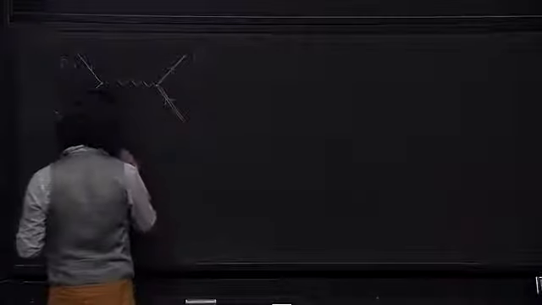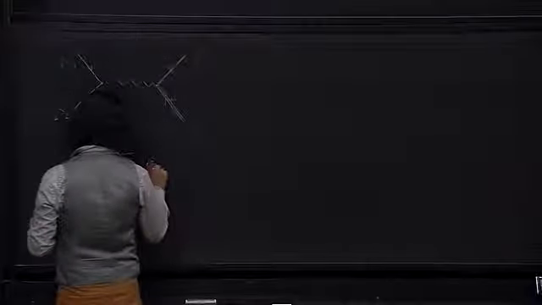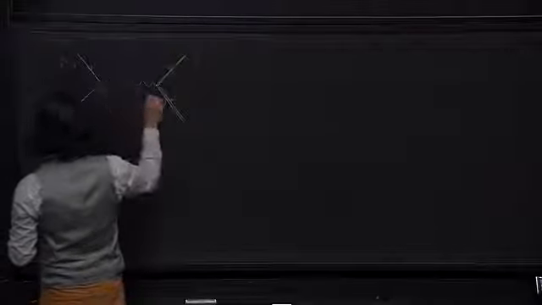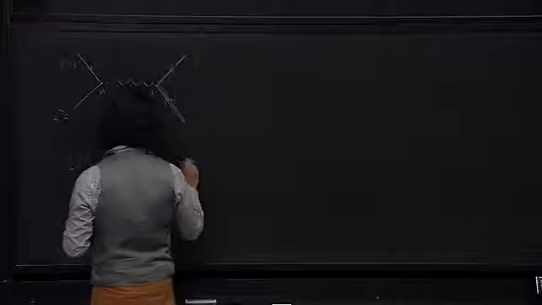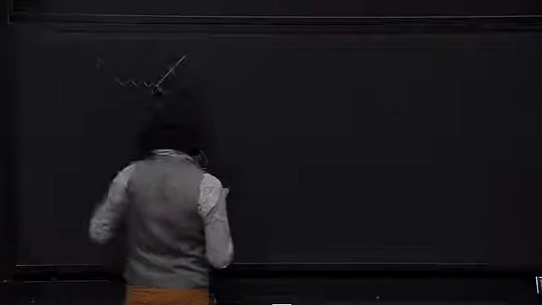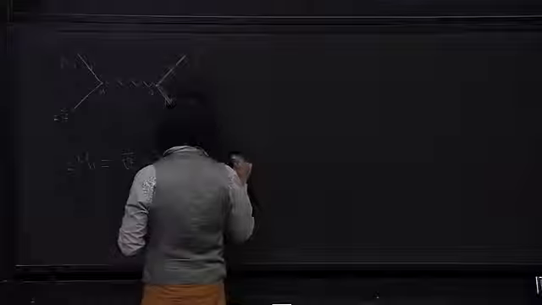So we have a v bar s2, p2, and then let's call this vertex mu, this vertex nu, and then we have a vertex factor minus ie gamma mu, and then we have the electron spinor wave function.